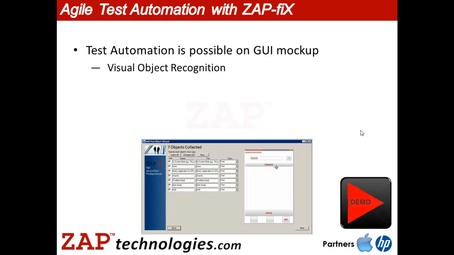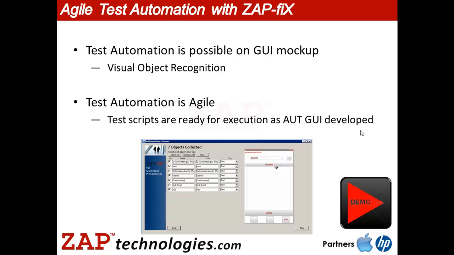Test automation is possible on GUI mockups. We offer visual object recognition through our object recognition algorithm. This means that we're shifting our testing and test automation completely to the left, where we can start testing in the design phase of our development lifecycle.